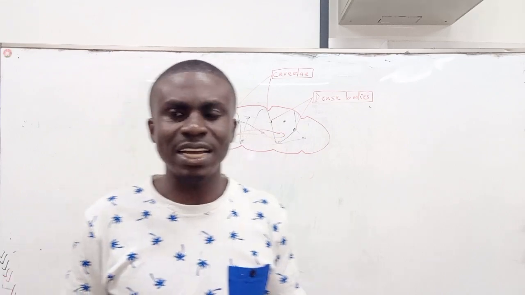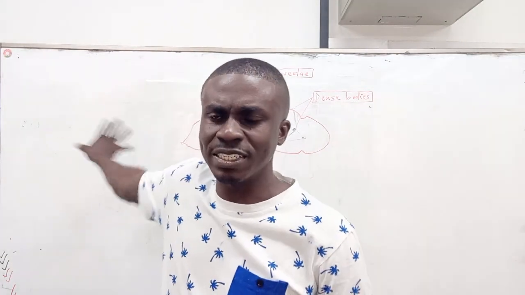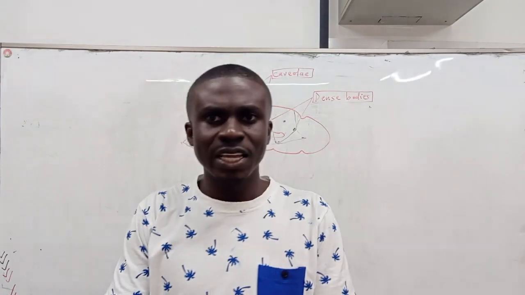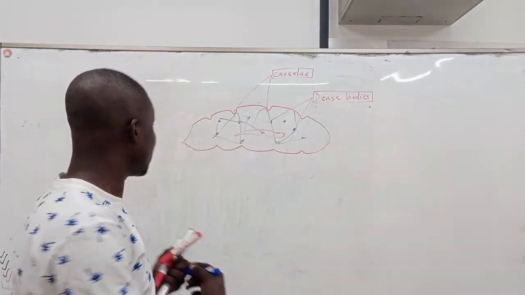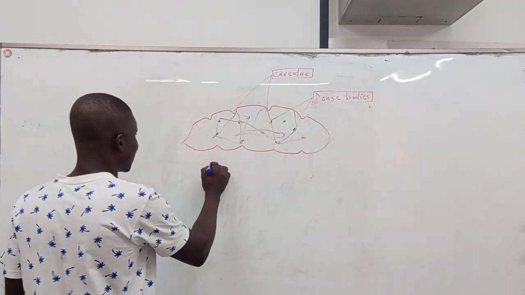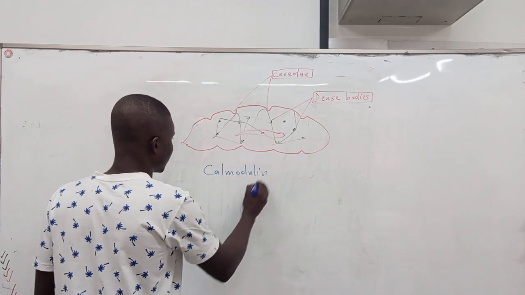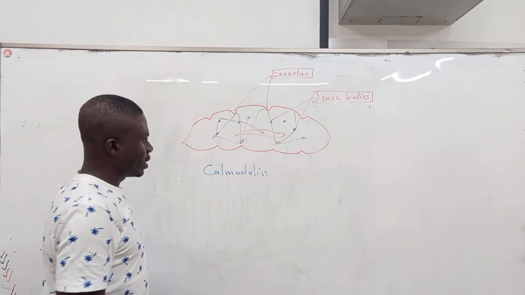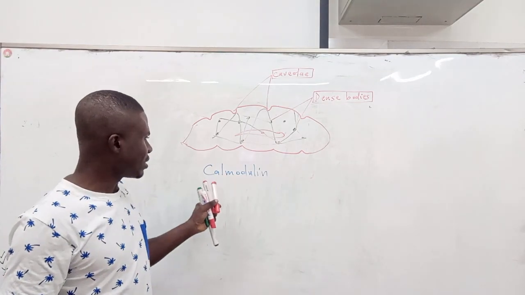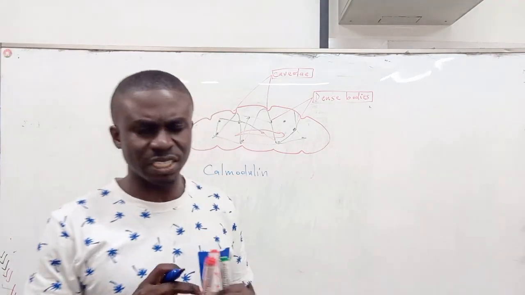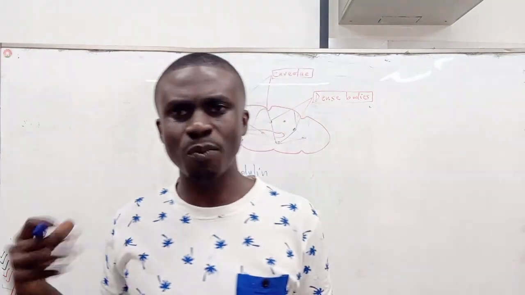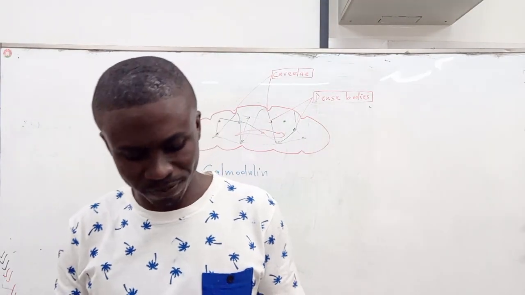the first thing is that calcium. There will also be another protein in this sarcoplasm, an important protein which we call calmodulin. Now, the name calmodulin is calcium modulating protein. That's the full name, actually, calmodulin, calcium modulating protein.